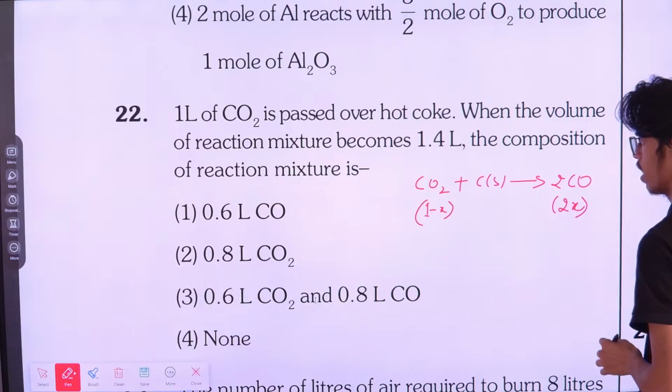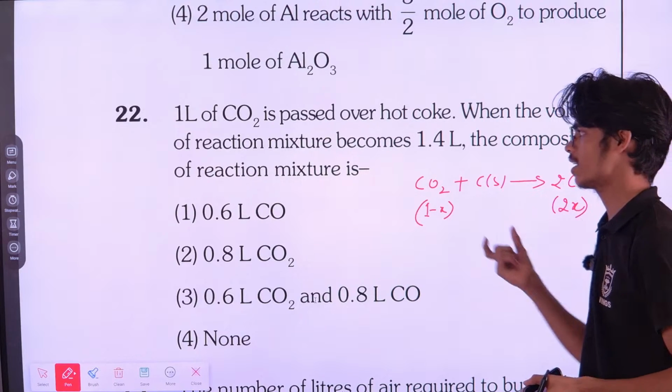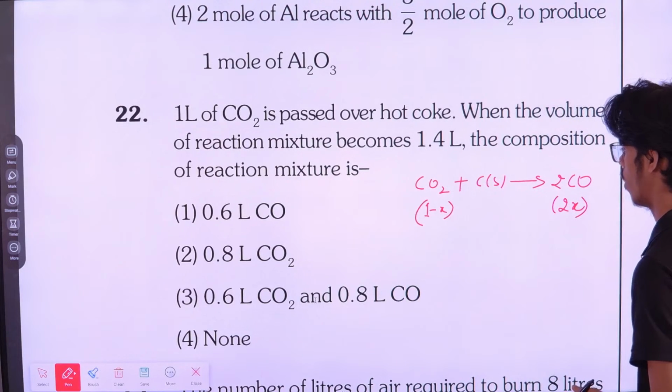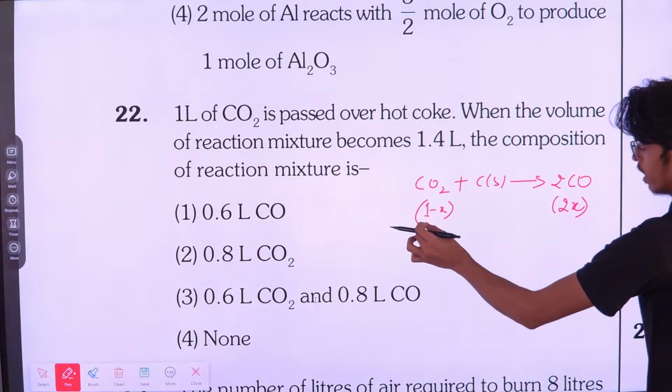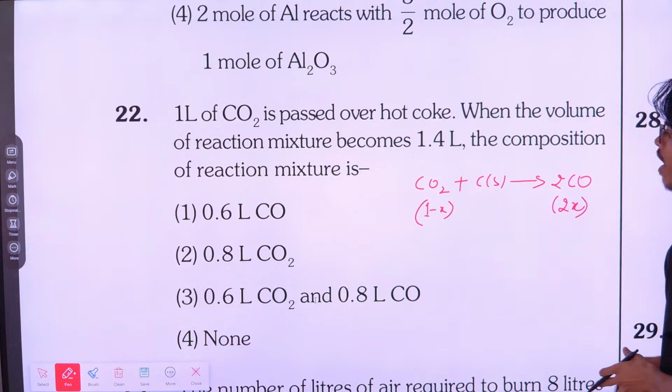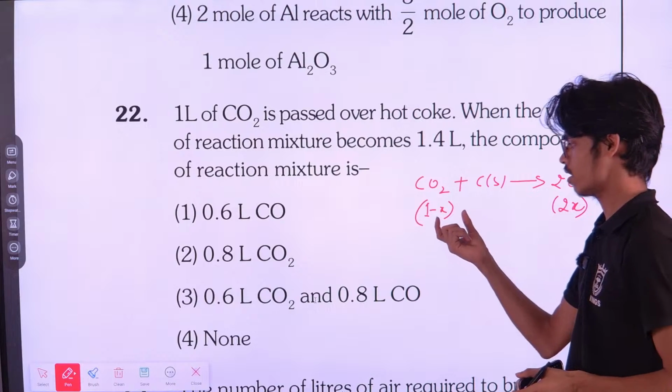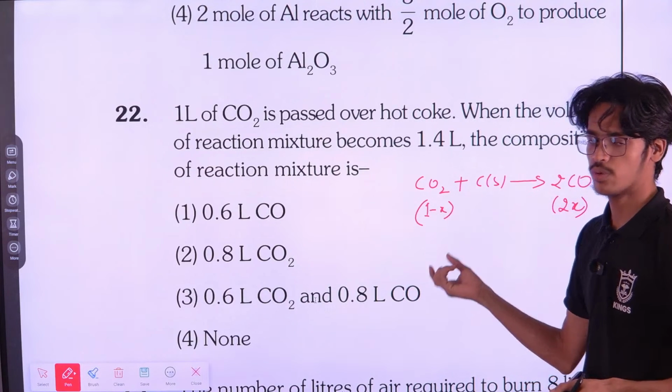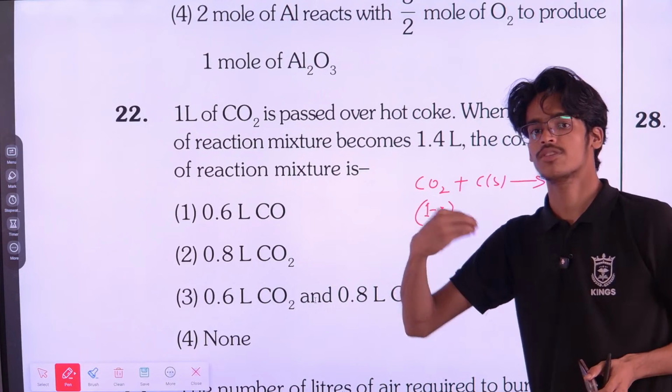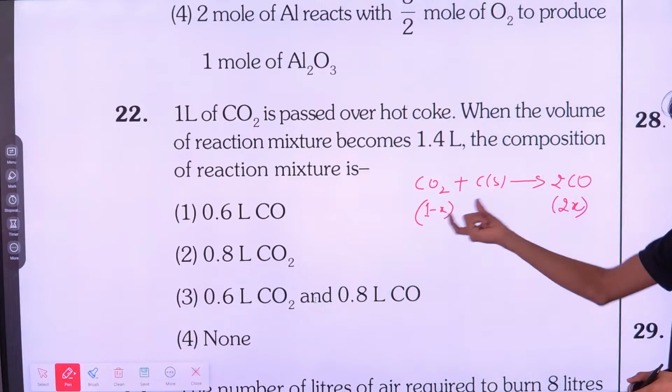The volume is directly related to moles. You can just divide by 22.4 to make it in terms of moles, so that's why I'm directly going with stoichiometry.